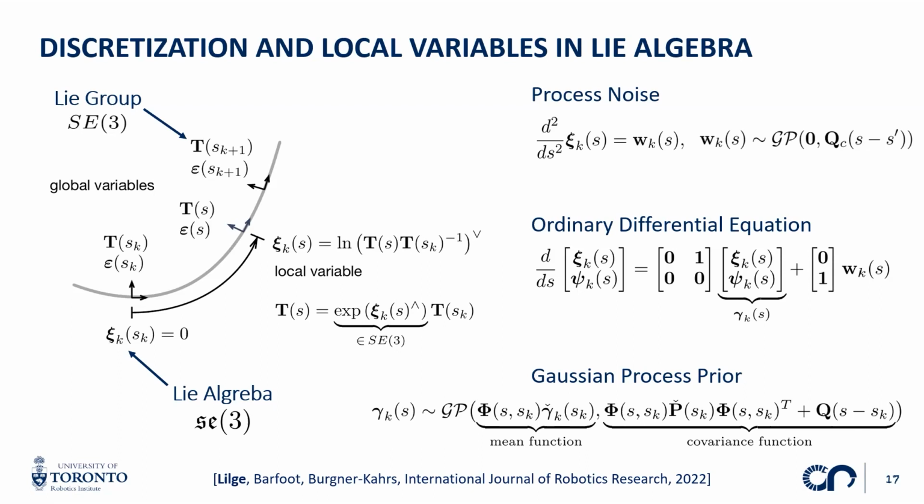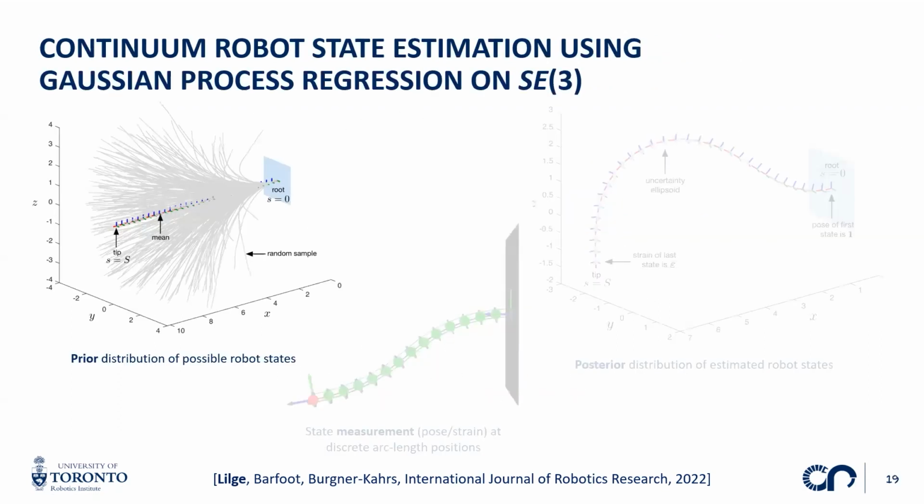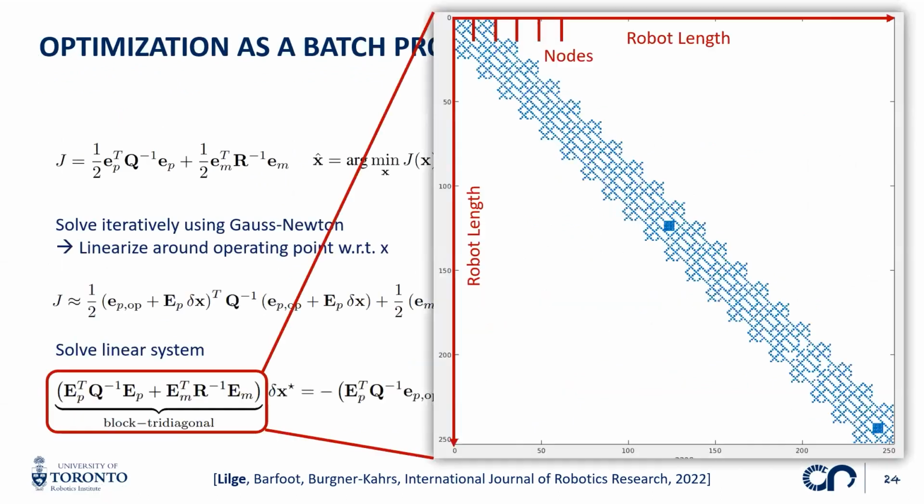Oh, I see. Right. But when you have the block tridiagonal structure. Yes. Oh, so you discretize between two nodes. Yeah, the system itself only includes the discrete nodes. Everything in between is not estimated explicitly, but we can interpolate afterwards.